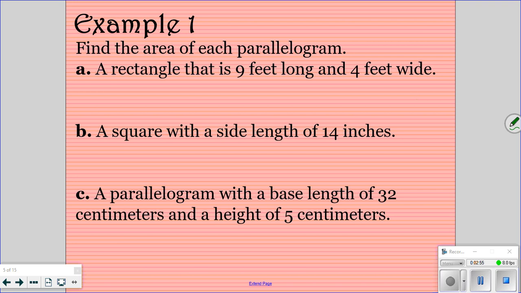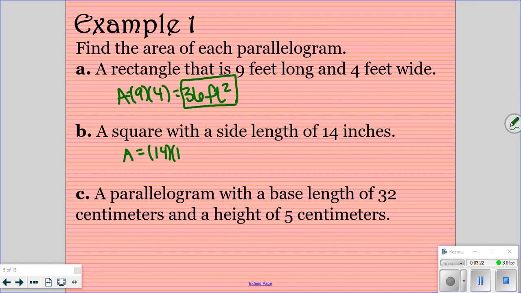So we want to find the area of each parallelogram. So for a rectangle, the base is 9 and the height is 4. So 9 times 4 is 36, and your units are feet squared. Okay? For the square, the base and the height are both 14.